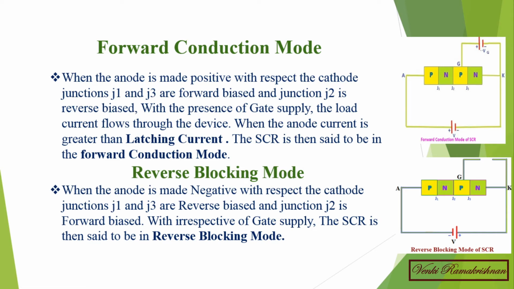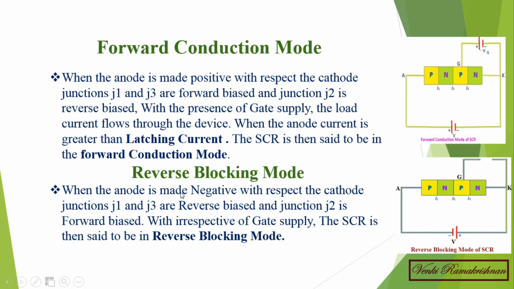Right? Now SCR is said to be in forward conduction mode. This is the normal operating condition for SCR. The biasing in the circuit diagram and all is shown here.